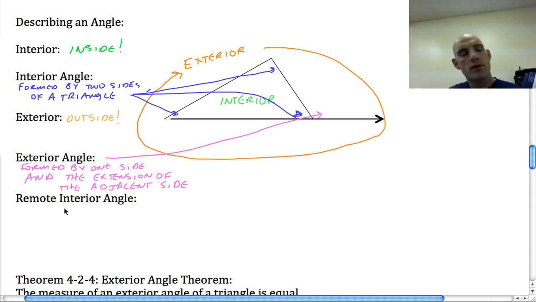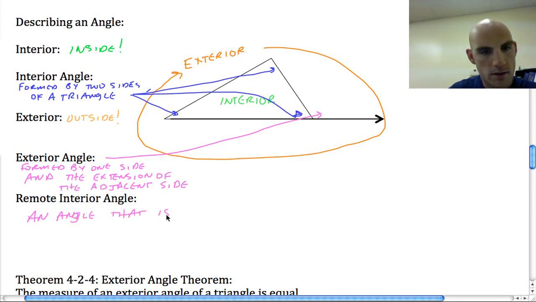So when I'm talking about a remote interior angle, I'm talking about an angle that is, and the way we describe this is the one that is not adjacent to the exterior angle.